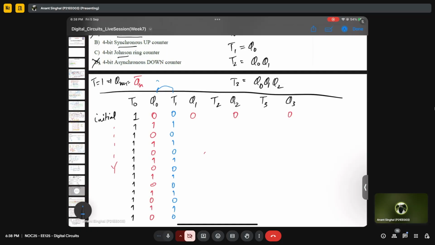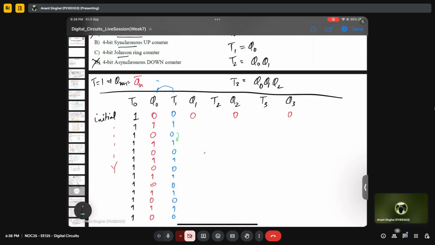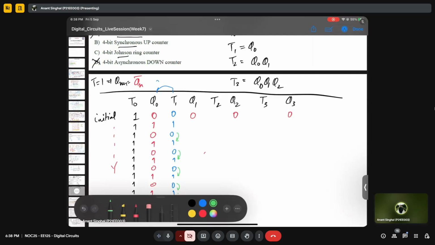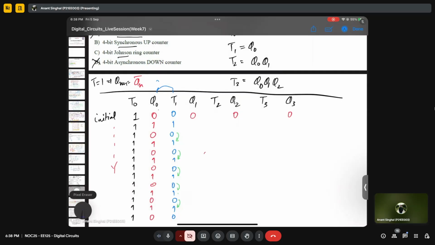So as you can see, it is the case, maybe I'll highlight. So here there is 0 to 1. So here it will toggle, here it will toggle, here it will toggle, here it will toggle. Right? So let me try to write the final output for Q1.